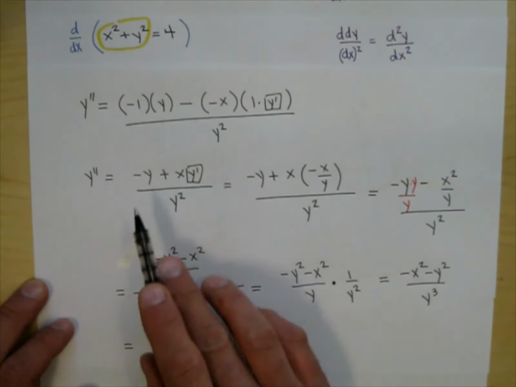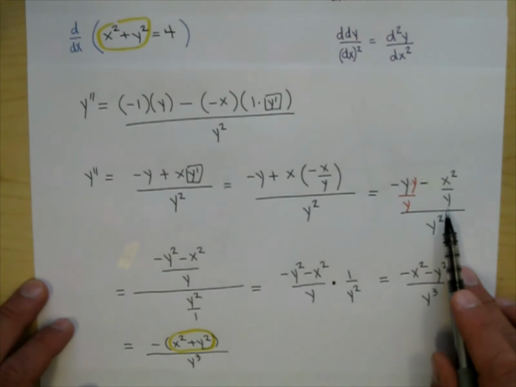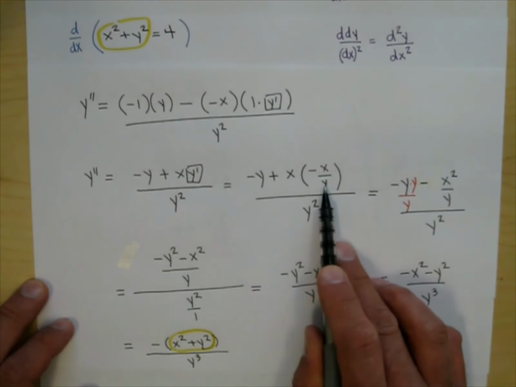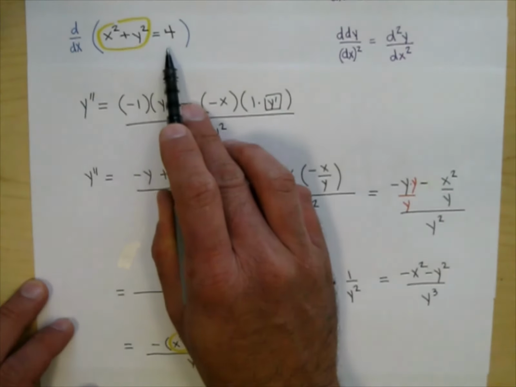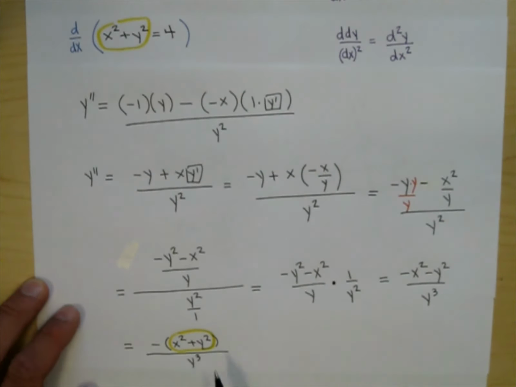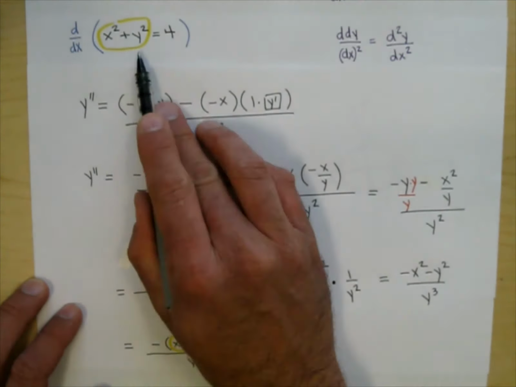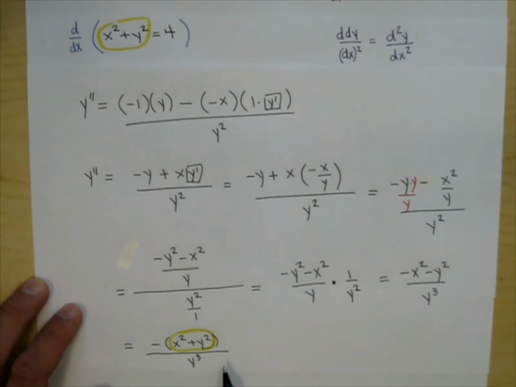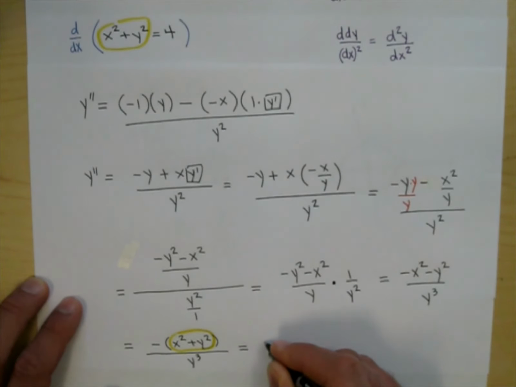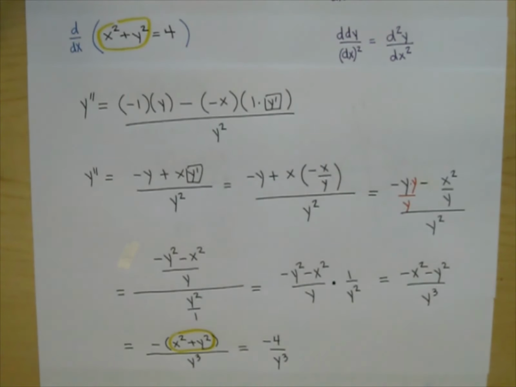So just like we used the y prime to get rid of this, now we're using our original equation to get rid of this x squared plus y squared. This will sometimes happen at the end of these second derivative problems. So it looks like I can write this as -4 over y cubed. Yeah, that was nasty. That was a punch in the stomach.